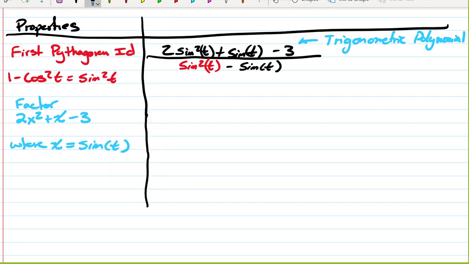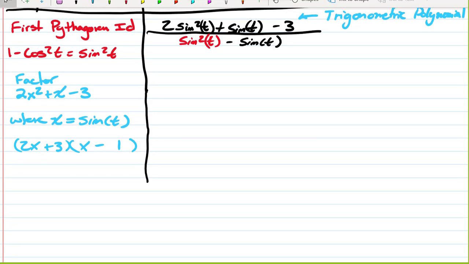So we can factor 2x squared plus x minus 3. We have 2x and we have x, and we're going to have plus 3 minus 1 for our factorization. So then, if I were to factor that, where x is this, then this really factors into 2 sine t plus 3 times sine t minus 1.